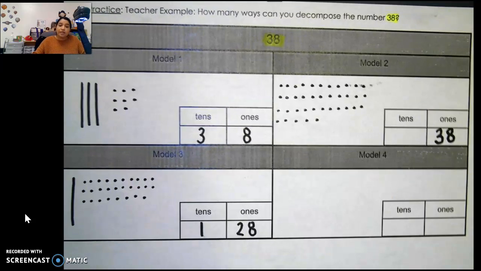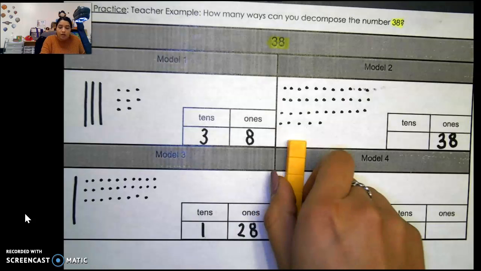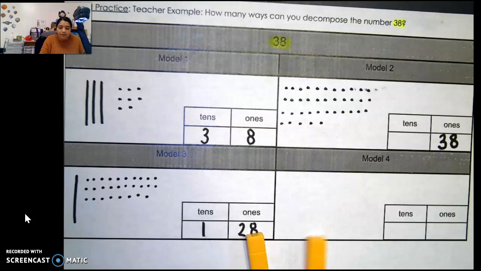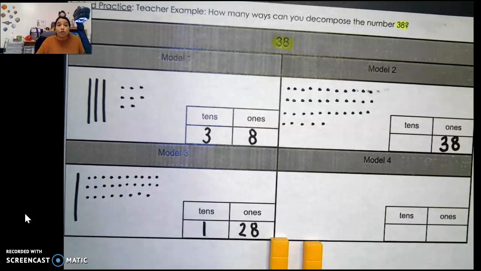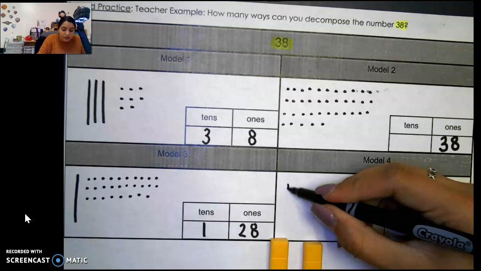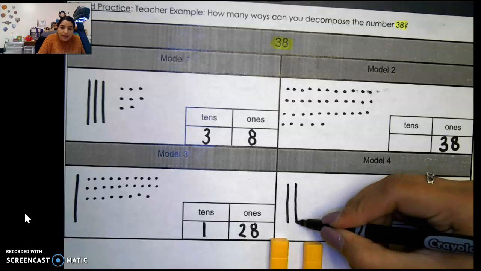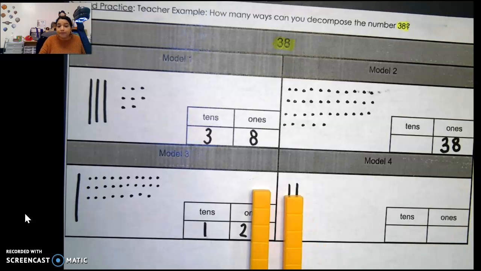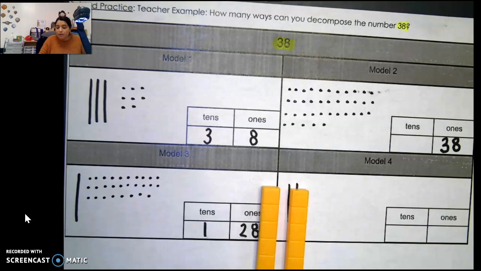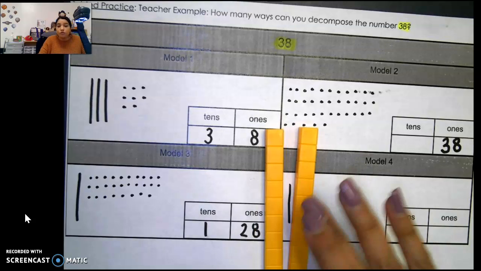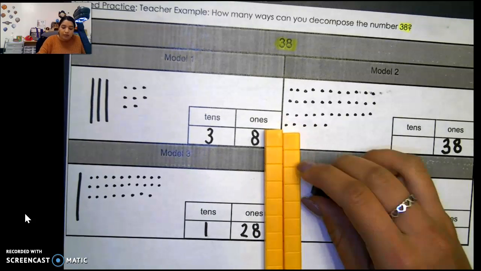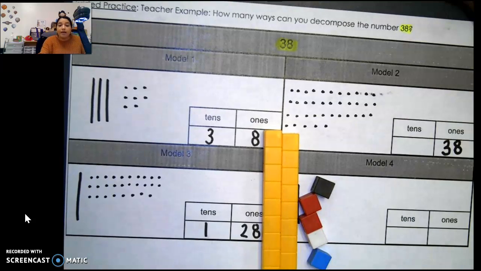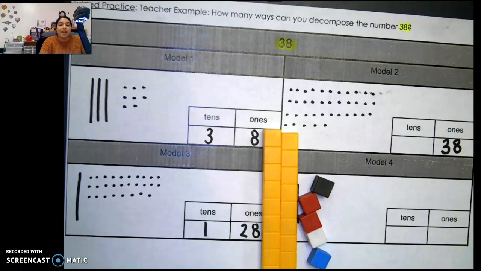So we can do two tens blocks, 10, 20, so this gives me 20, and then we can do the rest with ones. So I have 10, 20, and then I'm going to go ahead and count to 38 with my ones: 21, 22, 23, 24, 25, and I'm going to count all the way until 38 again.